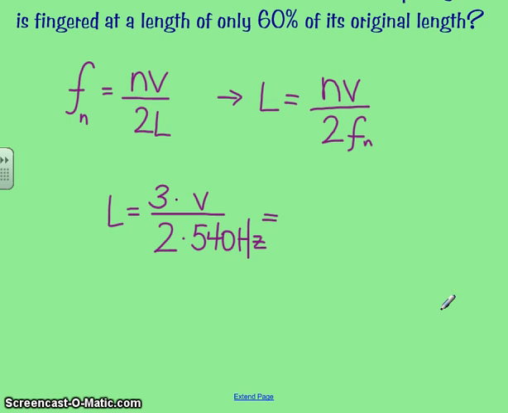When I plug all that into my calculator, I end up getting 0.002778 V. I've just left V in there as a variable since it's not given to us.